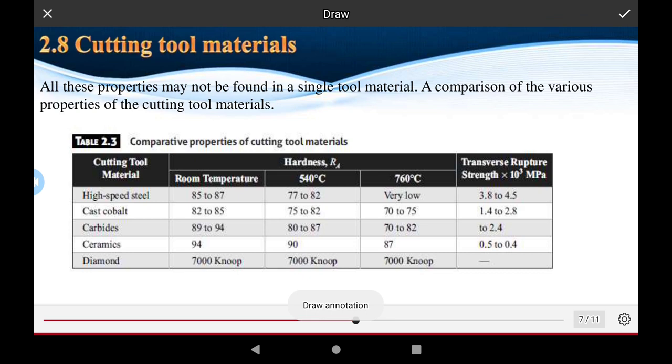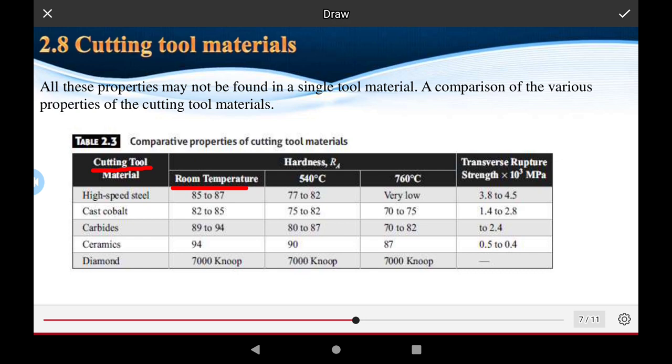The cutting tool materials and their room temperature hardness. For carbon tool steel, the hot hardness temperature is between 540 degrees Celsius and 760 degrees Celsius, and the transverse rupture strength is into 10 to the power 3 megapascal.